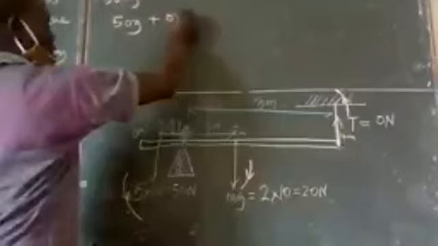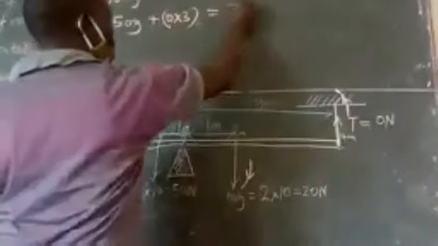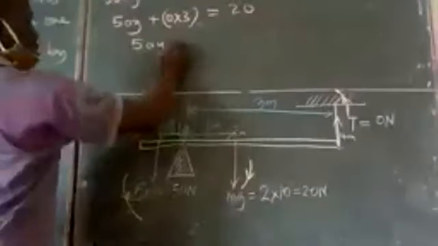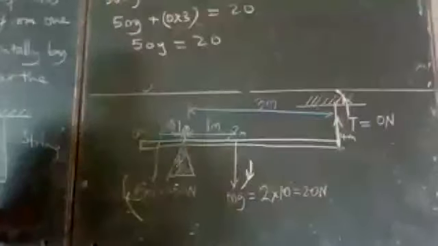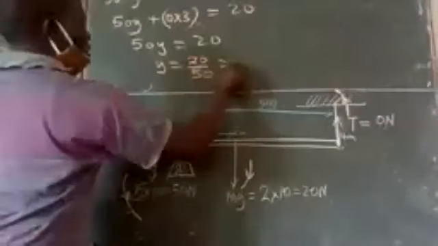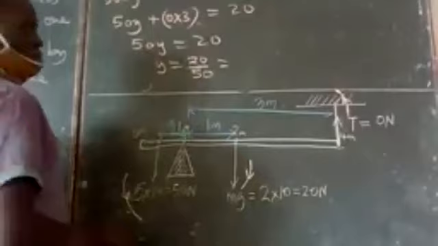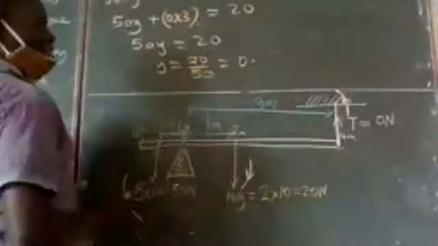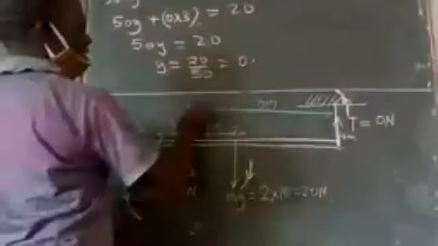So this is the same as, wait, so we have, is that clear? Yes. What is our Y? 20 divided by 50, not 50 divided by 20. 0.4. 0.4 meters.